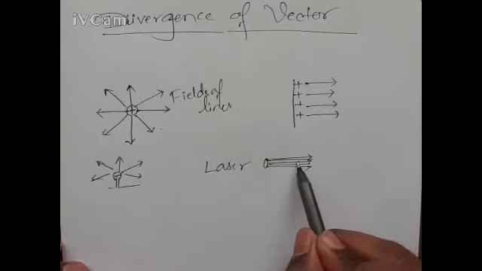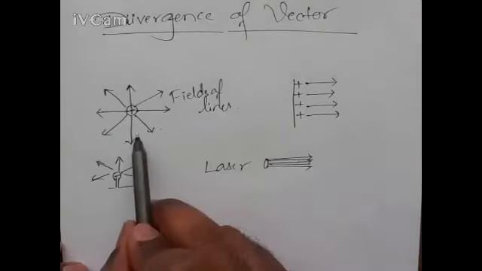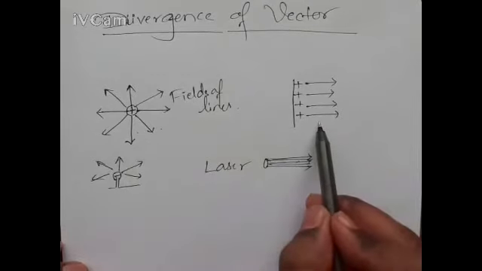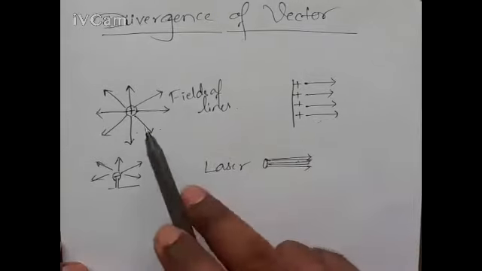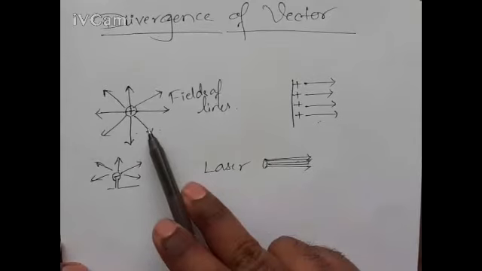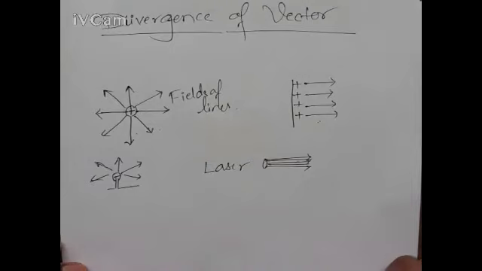There is no divergence. Here divergence is taking place; there it is not. No divergence means the divergence is equal to 0. There is a divergence from a single point; that means this is the positive divergence.